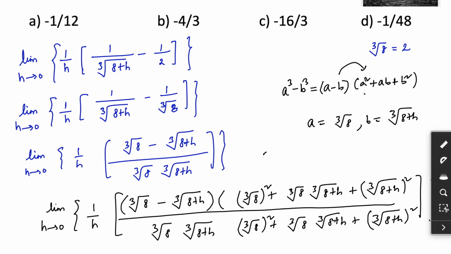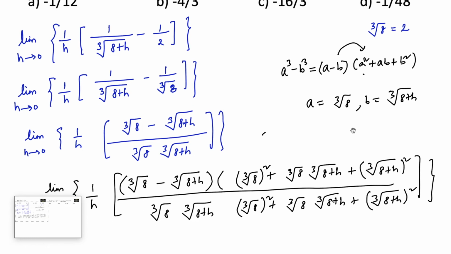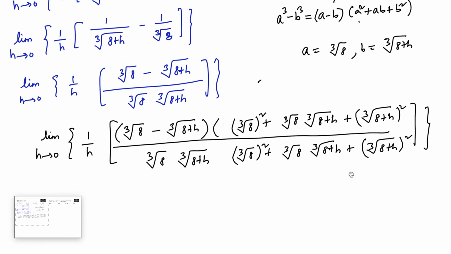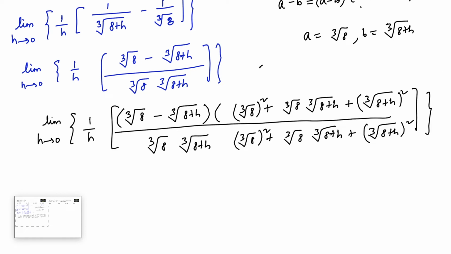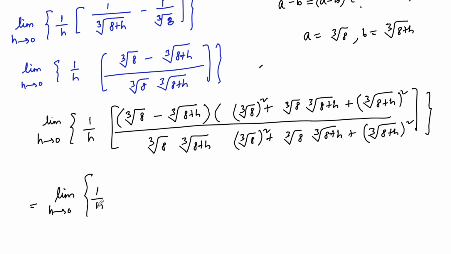So which can be simplified now. The numerator part is like a minus b into a square plus ab plus b square, which is a cube minus b cube. So we can write limit h tends to 0, 1 upon h times of, the numerator can be cube root of 8 whole cube minus cube root of 8 plus h whole cube.